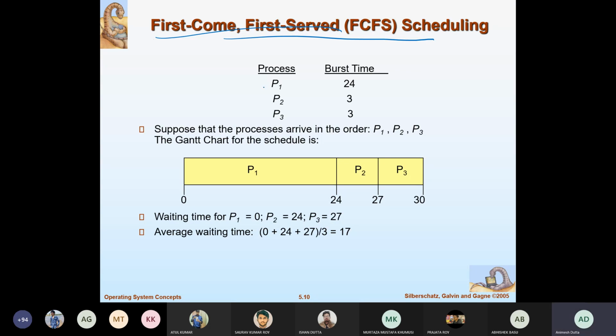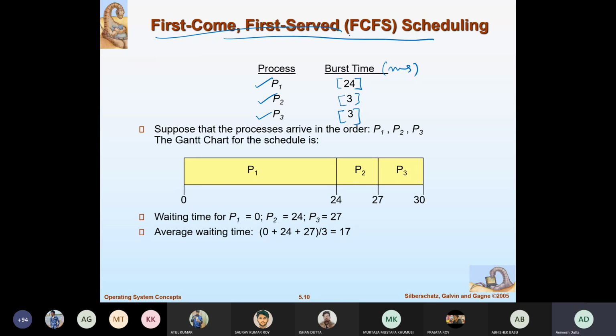For example, process P1 comes first with a burst time of 24 units. That means its next burst time is 24 seconds, or maybe milliseconds. Let us take milliseconds. P2, its requirement is 3 milliseconds. P3, its requirement is 3 milliseconds.